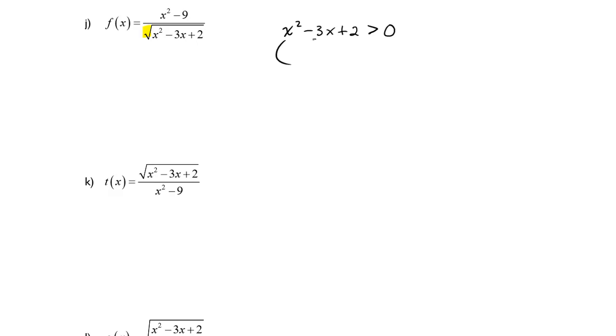Now, let's see if we can factor this x squared minus 3x plus 2. I believe this will give me a negative 2 and a negative 1. That should give me a negative 3 in the middle and a positive 2 at the end. I know that this parabola opens upward because the leading coefficient is positive.